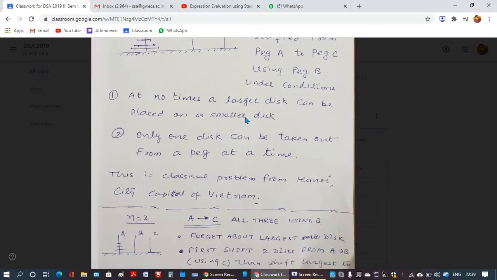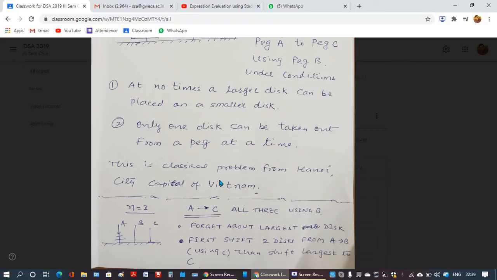And the second condition, only one disk can be taken out from a peg at a time. So this is a classical problem of Hanoi city, which is the capital city of Vietnam. So this is the problem statement.